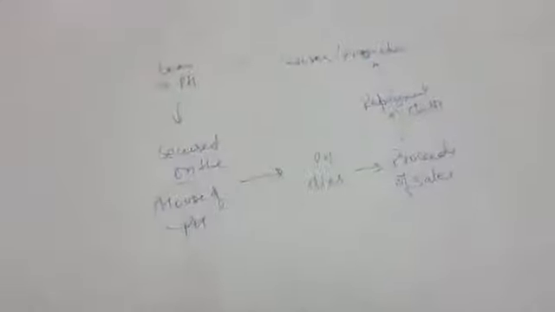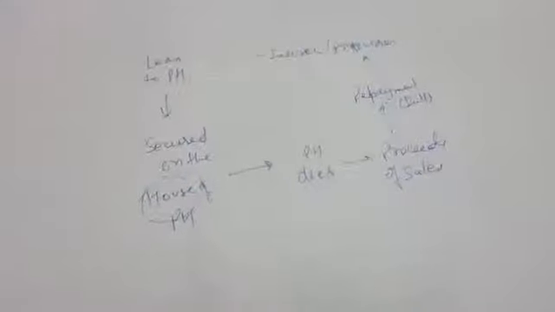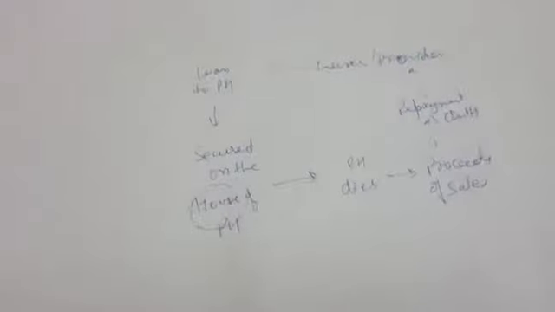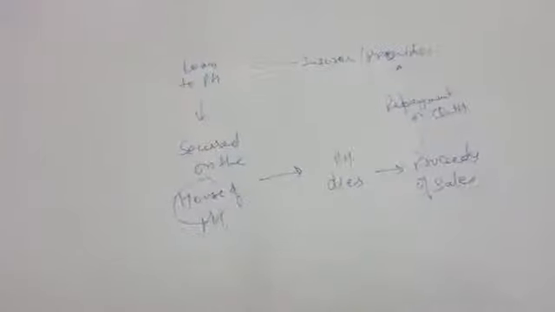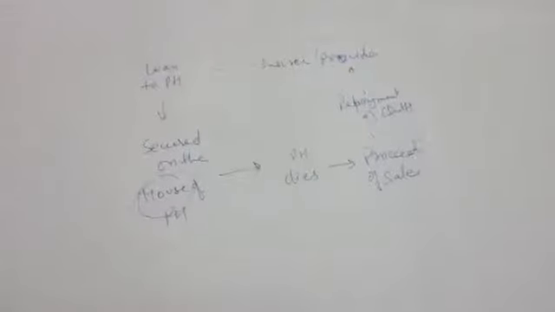Effectively, the loan which is given to the policyholder is an asset to the insurer. Realization of that asset, or cash inflows from that asset, depend on when the policyholder dies.